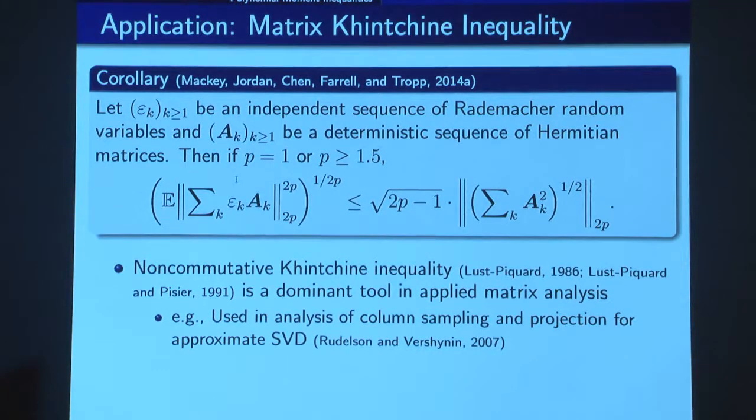In this case, your random matrix sum is a set of deterministic matrices multiplied by Rademacher random variables, so random plus or minus 1 random variables. And you can upper bound its 2pth moment in terms of the size of those deterministic matrices A_k.